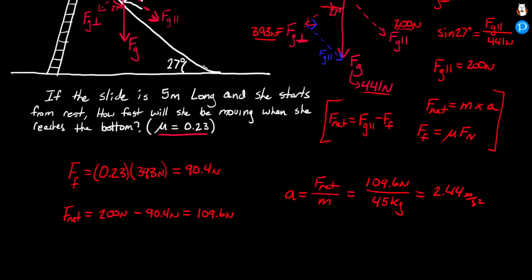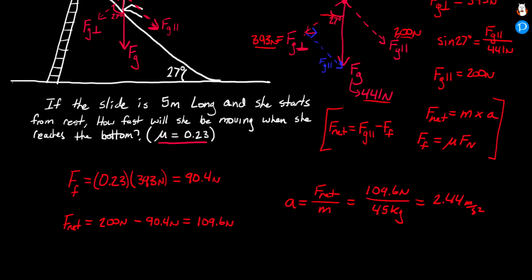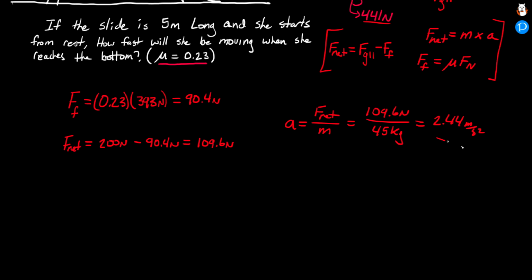I'm still not done, so this is kind of a long problem here. We want to solve for what's the final velocity at the end. So now I'm going to have to bring back my kinematic equations. So I have the acceleration, I have the initial velocity, which is she's starting from rest, 0 meters per second. I also have the distance, it's 5 meters. So I have acceleration, initial velocity, distance, and I'm solving for final velocity is what I'm trying to figure out.